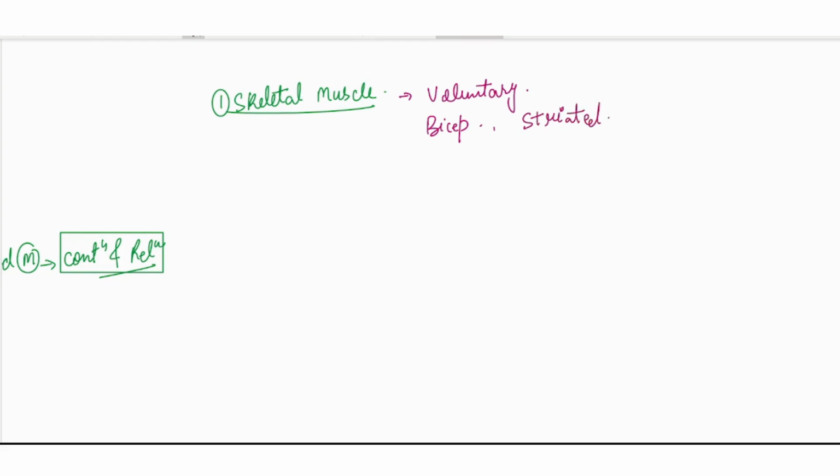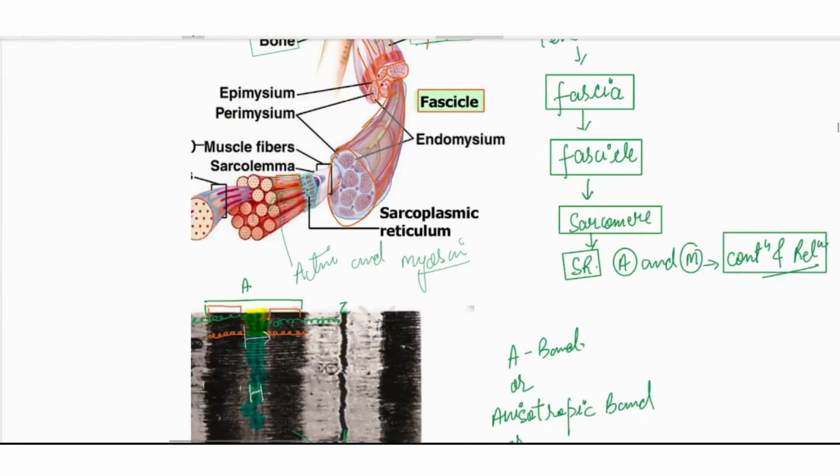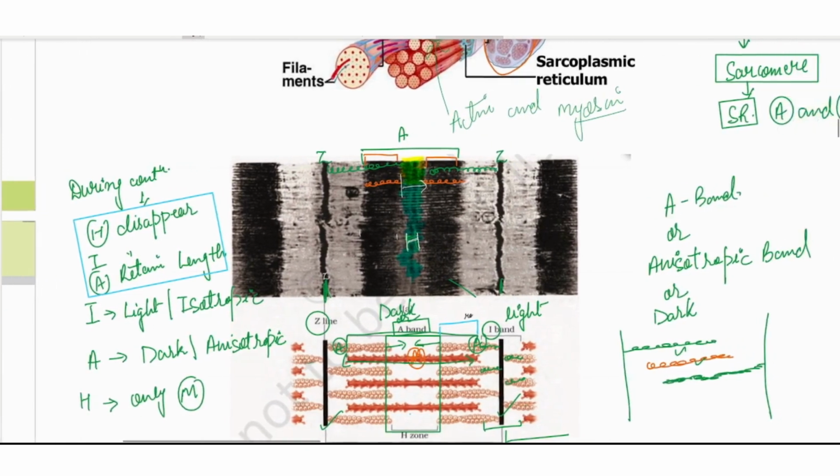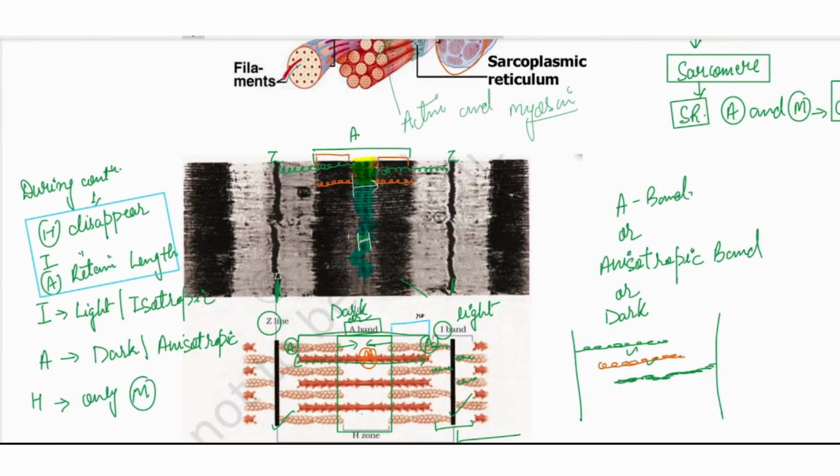Because, as I told you, when they come to the center and go back from the center, there is contraction and relaxation. So somewhere it is showing the dark band, somewhere the light band. That process is indicating the striation. Okay, striation is present in the skeletal muscles.